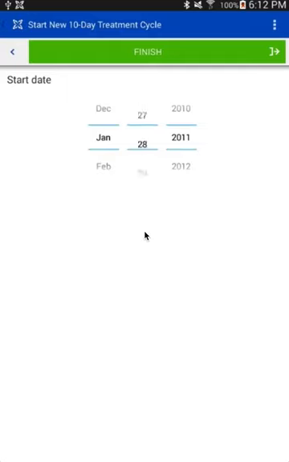That means that the first cycle ended on February 1st. And so the second cycle, in this case, started the day after the first. So it will be February 2nd of 2011.